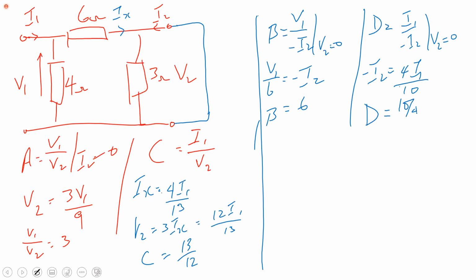So your matrix would be 3, 13 over 12, 6, and 10 over 4.